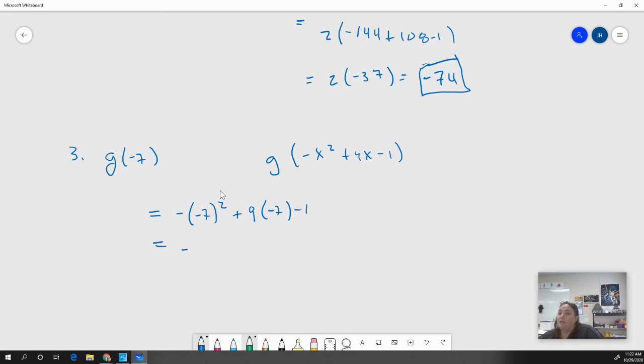And we're going to wind up with negative 49 minus 63 minus 1, and we're going to add all those together and give them a negative. So it would be minus 50 minus 63, which is minus 113. So sometimes I can do the math in my head and sometimes I can't.